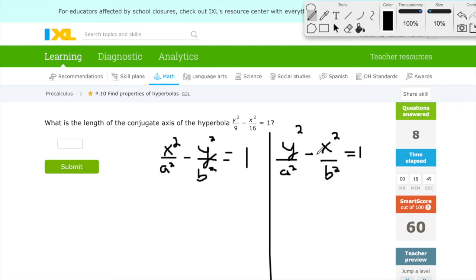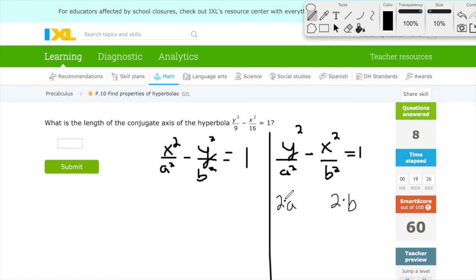When we're looking for the transverse and conjugate axis here, the transverse is 2 times A, and I'll try to label this in a second. The conjugate would be 2 times B. That is actually true for the other version as well, as long as they don't ask us to clarify if it's horizontal or vertical.